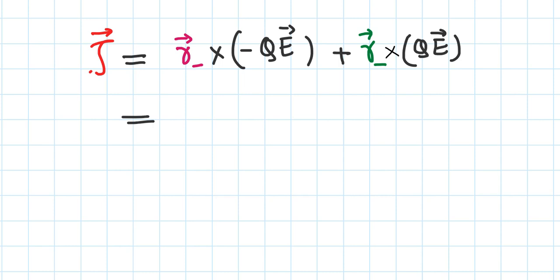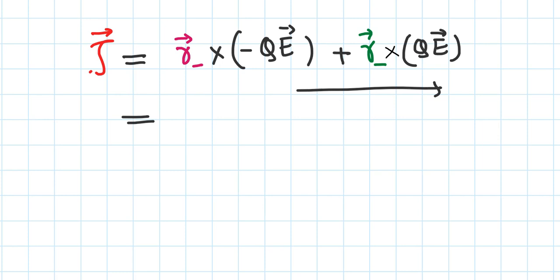I can pull out the Q and the E to the left side. See, this is a cross product, so you should be very careful on which side you pull out the common terms. I will explain that some other day.